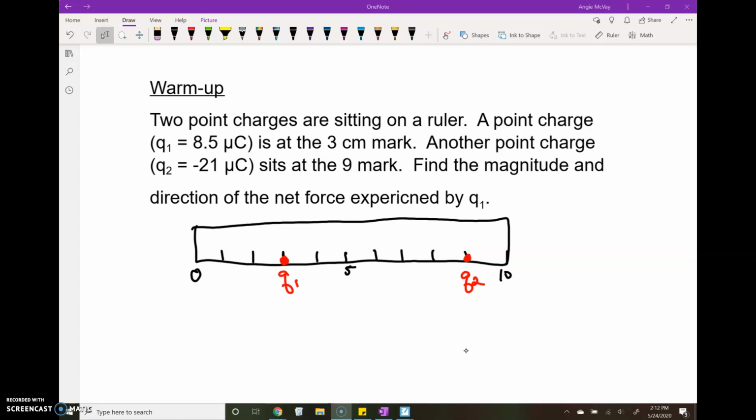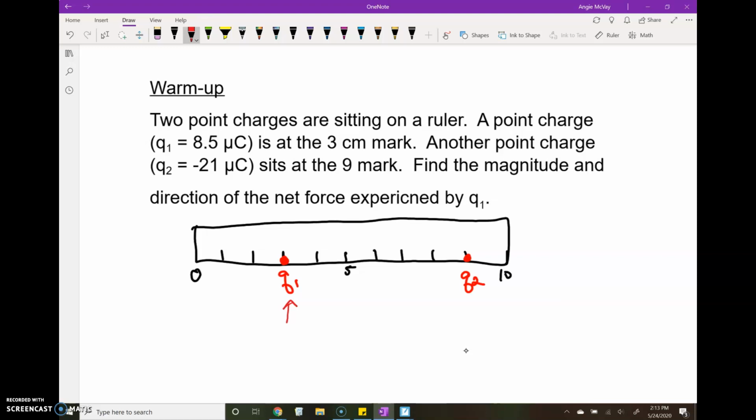Another point charge, Q2, has a charge of negative 21 microcoulombs and it sits at the 9 centimeter mark. Find the magnitude and direction of the net force experienced just by Q1. The net force experienced by Q1 is what we're looking for.